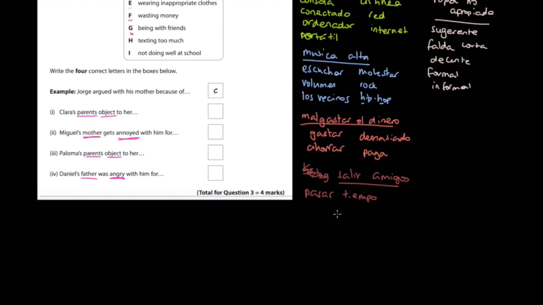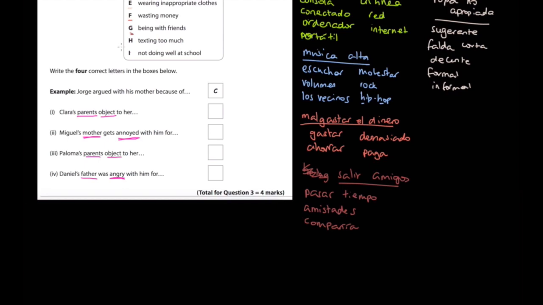I could hear amigos. I could also hear the word amistades. Amistades is another word to refer to your friends in general, friendships. And I might also hear the word compañía, company.